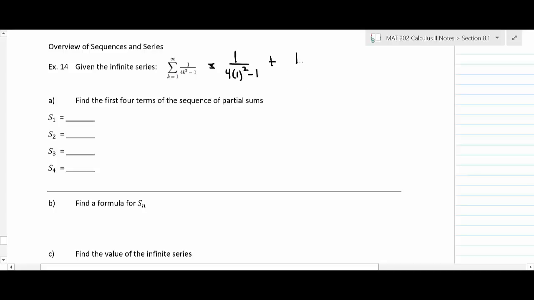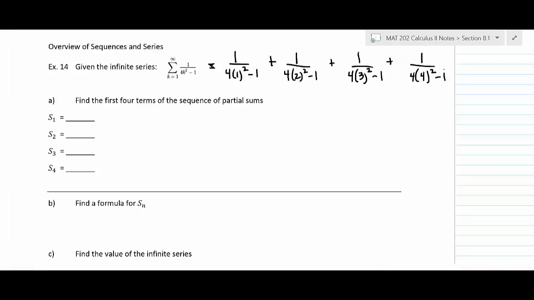Then it would be 1 over 4 times 2 to the second minus 1, 1 over 4 times 3 to the second minus 1, and so forth. I'm just going to write out about 4 terms. A lot of this you'll be able to do in your head. You're just plugging in 1, 2, 3, 4, and so forth.